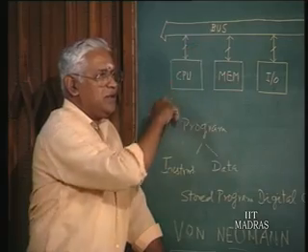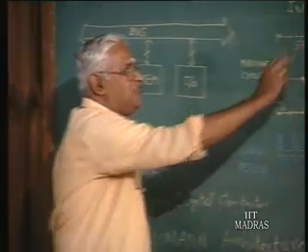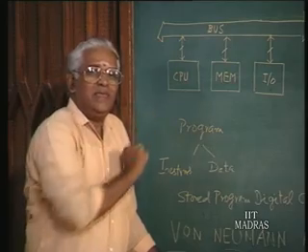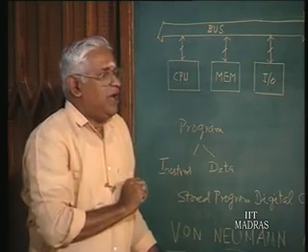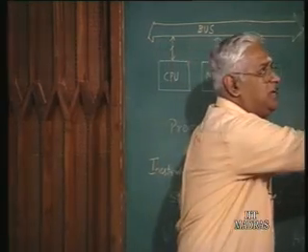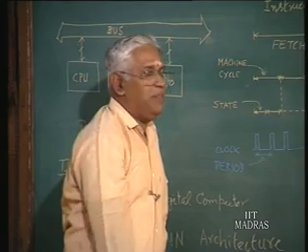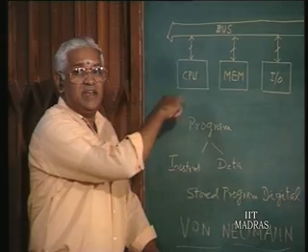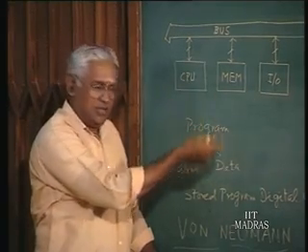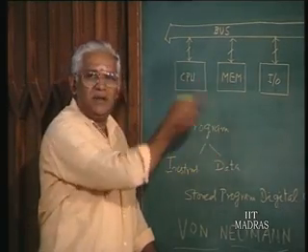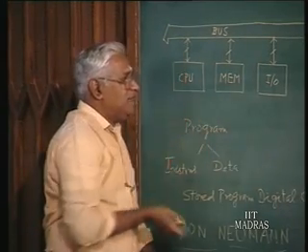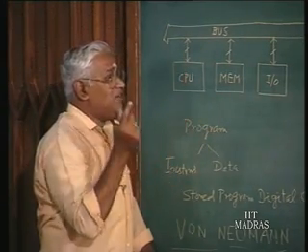So in one case, that is during instruction fetch, the memory will respond with an instruction, and if there is a need for fetching the data or the operand, which will take place during the execute phase, then the CPU will place the address of the data or the operand and the memory will respond. Okay, the CPU will address that particular location which contains the data.